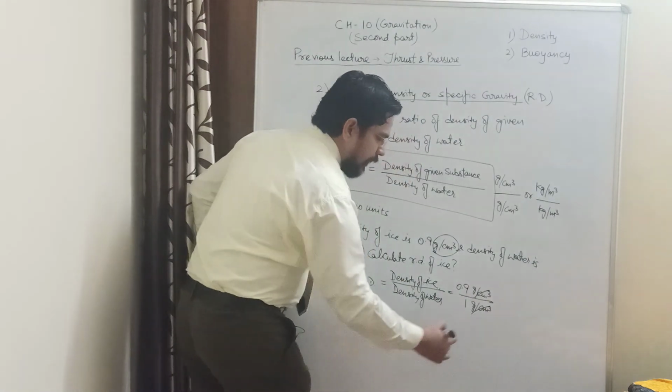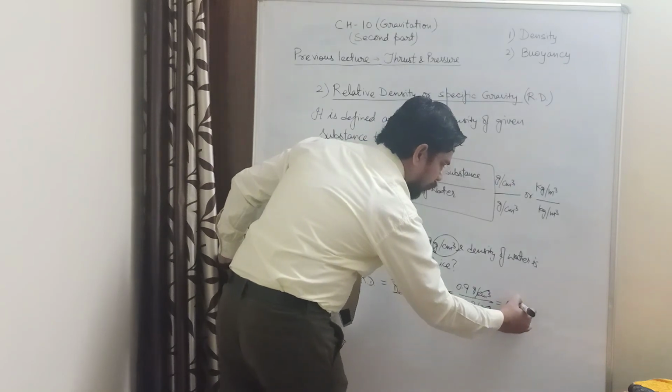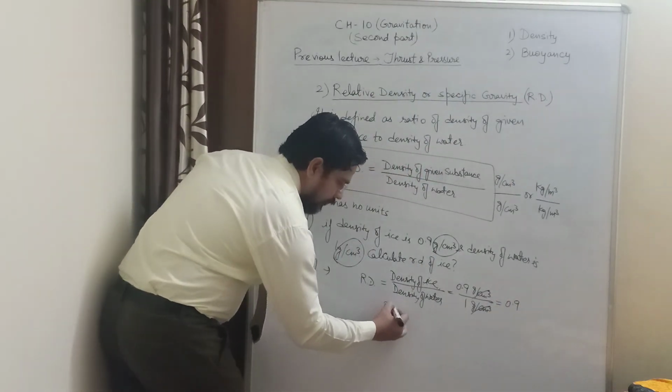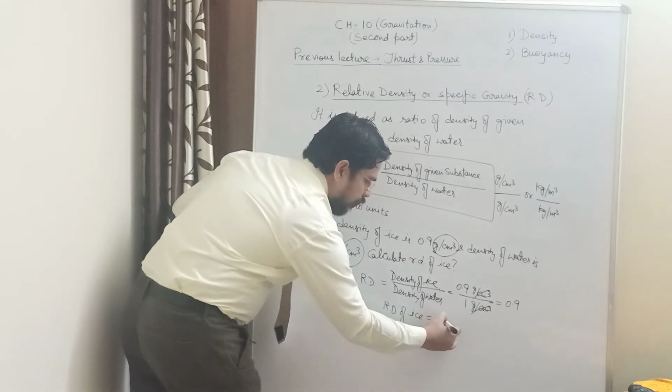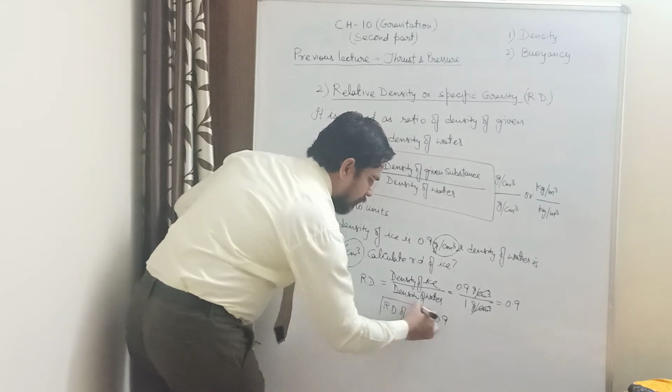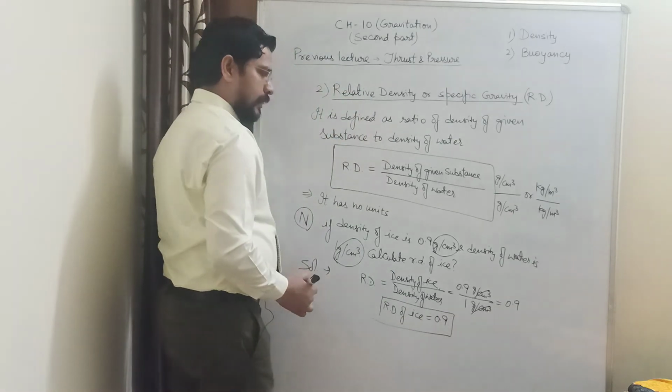The units will get cancelled and I will get 0.9. So relative density of ice is 0.9. It has no units.